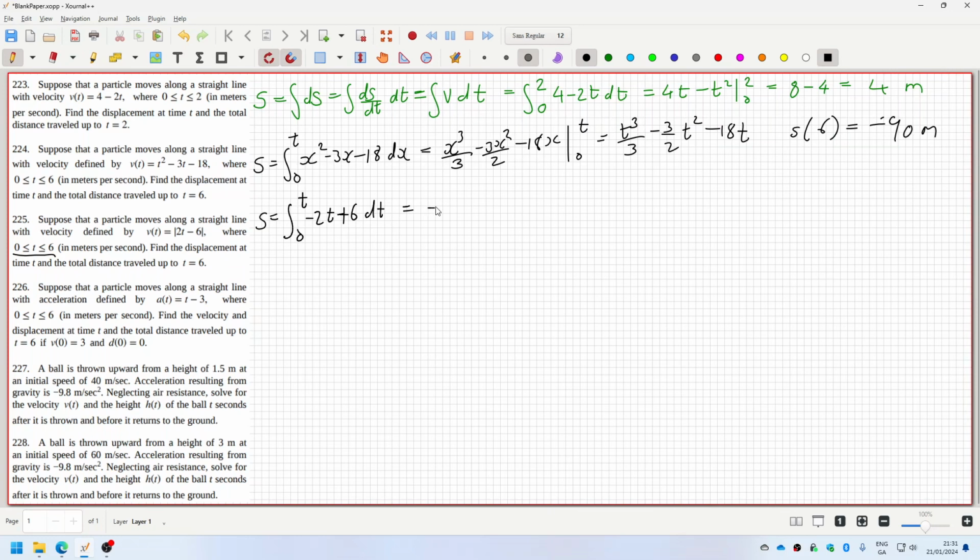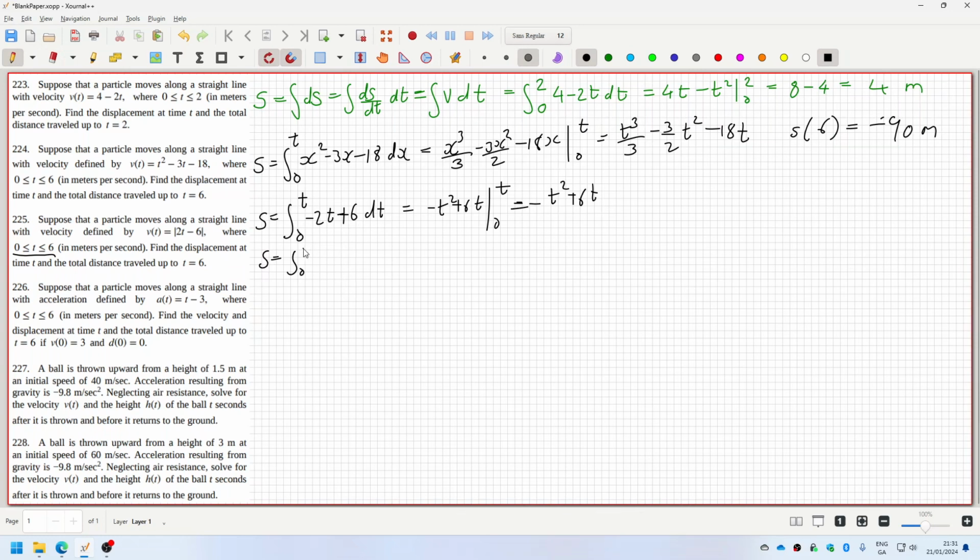So that would be minus t squared plus 6t, 0 to t. So that's minus t squared plus 6t. But if it's more than 3, what you would have to do is split it.